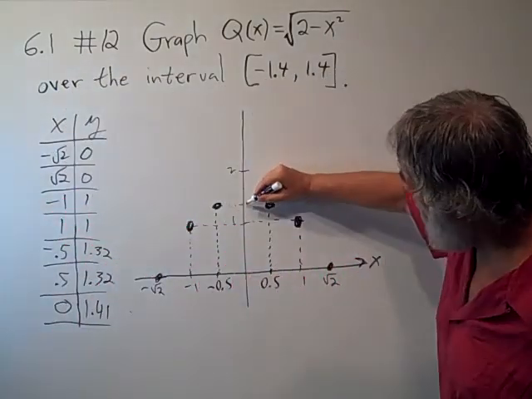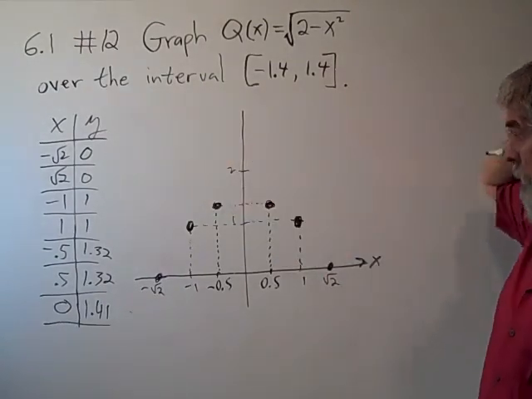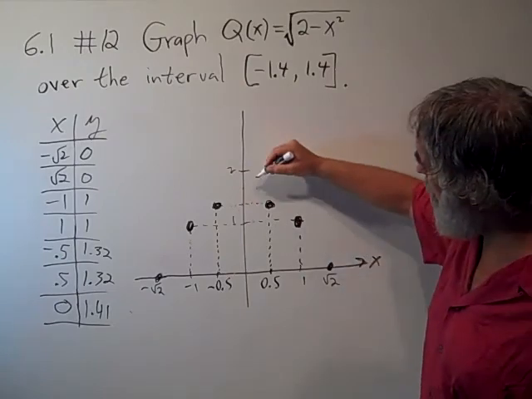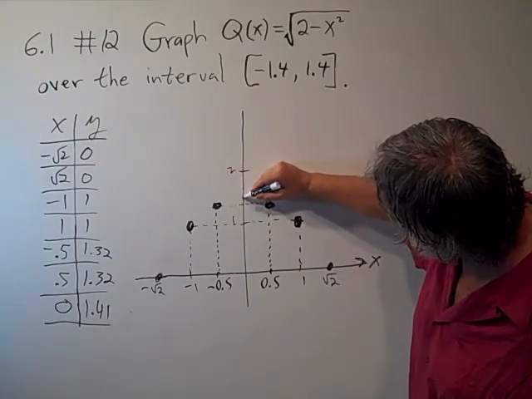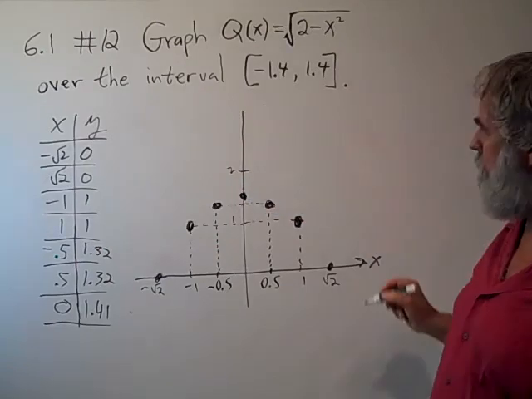Okay, so above 0.5 and negative 0.5, we go to a height of 1.32 about here. And then finally we go up to a height of 1.4 at 0, so it's about here, height of 1.4.